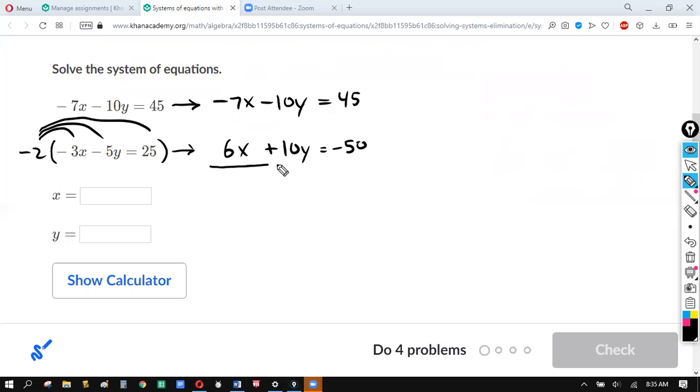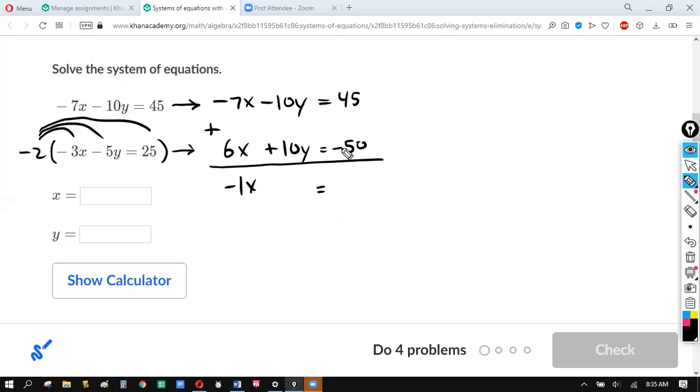Negative 7x, I'm going to add these two equations. Why did I choose add? Because I have a negative 10 and a positive 10, and when I add those, it's going to drop out. Negative 7x plus 6x is negative 1x. And negative 10y plus 10y is 0.